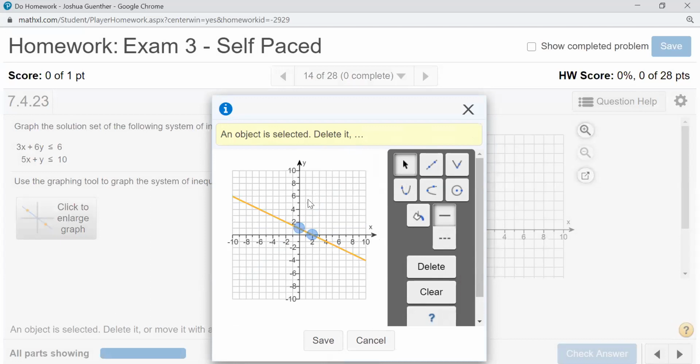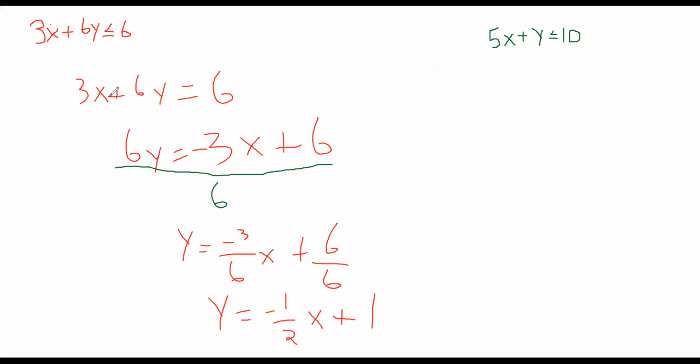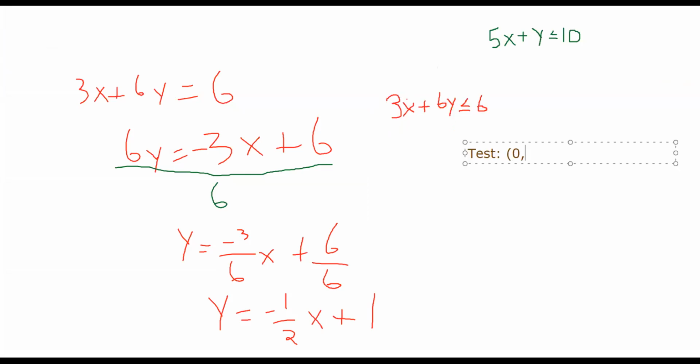Now I have to decide whether to shade above or below. So once again, I need to pick a test point. I'm going to pick 0, 0 as a test point again, because it's not on the line. So I'm going to go back to the original inequality. I'm going to test 0, 0.